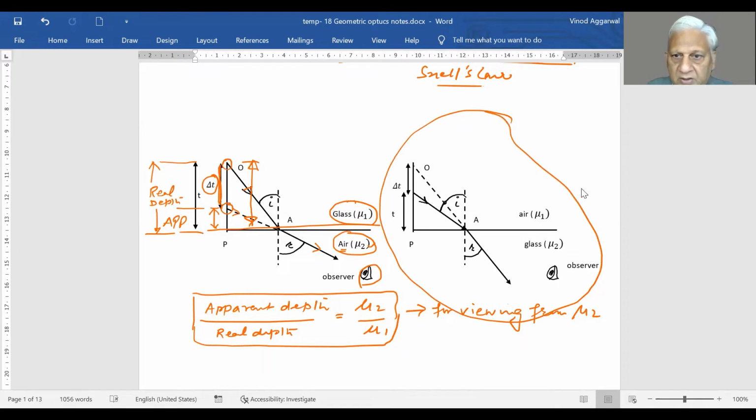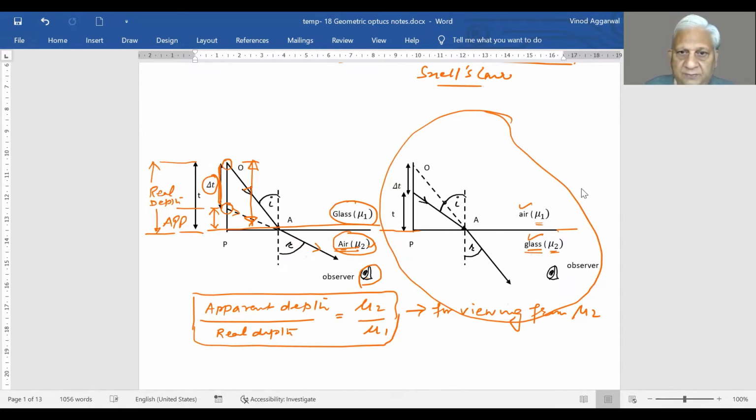In this case, the observer, this is an interface between air and glass. Glass is a denser media compared to air, and the observer is in the denser media, as against earlier the observer was in rarer medium. Here the observer is in the denser medium.